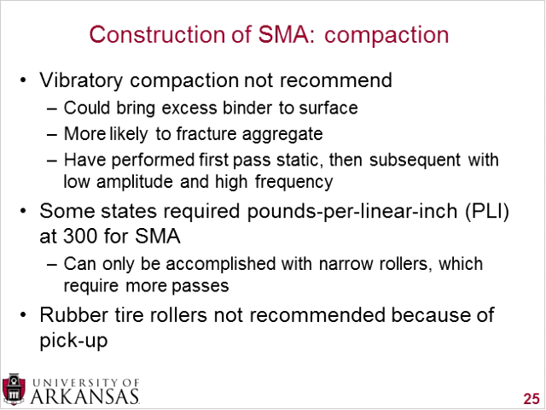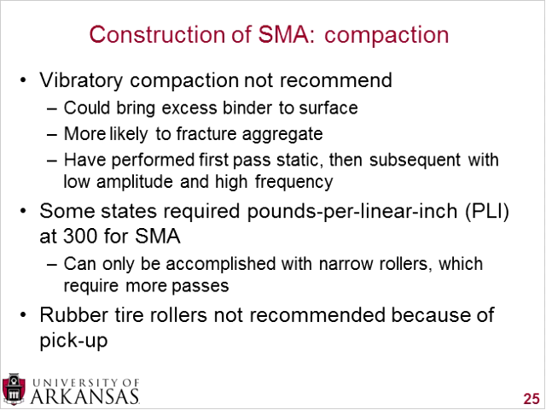I was reading in some of the specifications and some of the articles about how there are kind of special terms associated with the construction of the SMA. One of those is the pounds per linear inch, or PLI. The PLI for, I think, normal compactors is around 200, maybe 150. But for SMA, that pounds per linear inch goes up to 300.